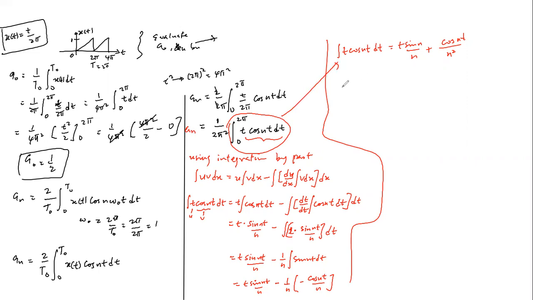So an is therefore equal to 1 over 2 pi squared into bracket t sine nt over n plus cos nt over n squared, 0 to 2 pi.